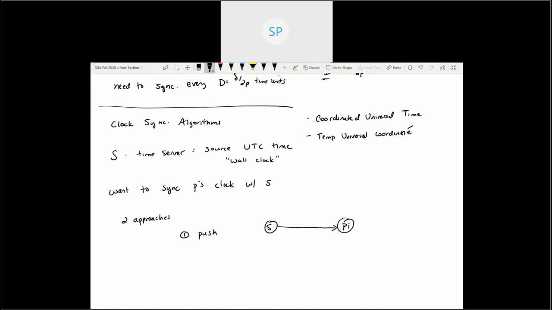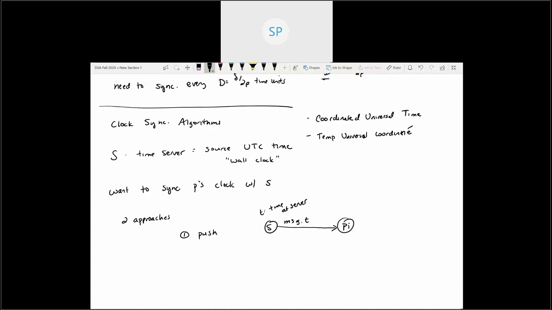It sends a message with a time on it, say T is the time at the server, and then Pi gets this message and does something with it, presumably updating its clock.